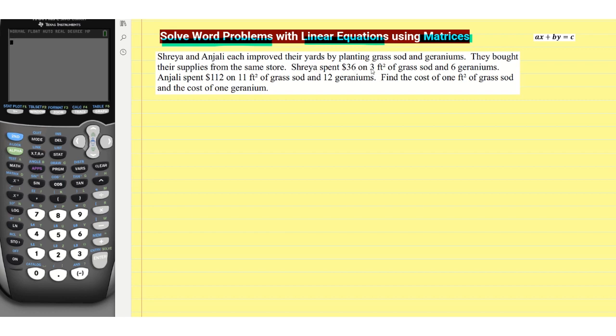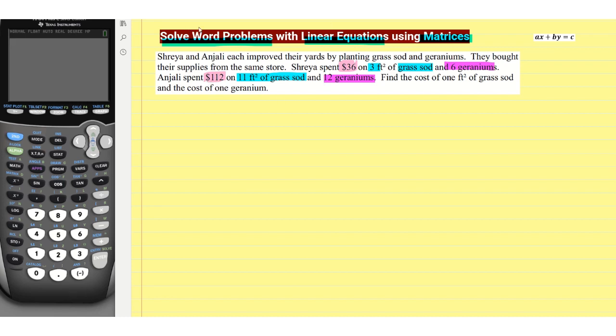Shia bought 3 units of grass sod and 6 geraniums, and the total for her purchase was $36. Angie bought 11 units of grass sod and 12 geraniums, and the total cost for her supplies was $112.